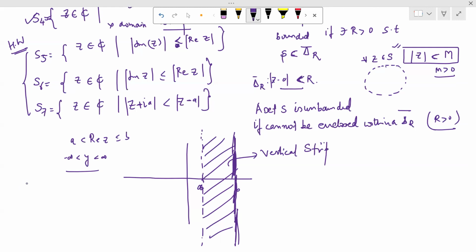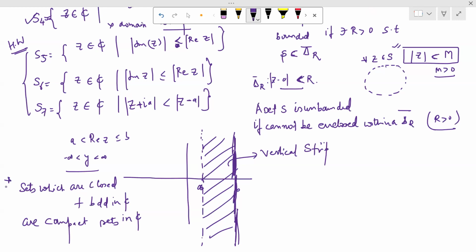Now, another definition: the sets which are closed as well as bounded in C are called compact sets in C. So I'm just giving definitions. Sir, like the proof in real analysis, the proof in complex is exactly the same.